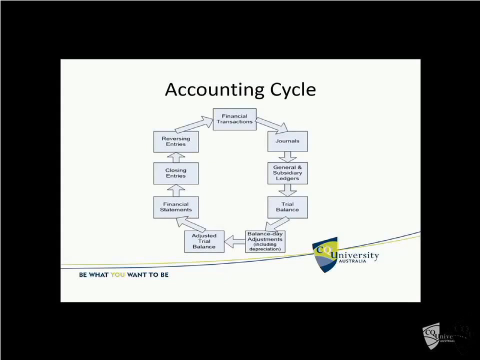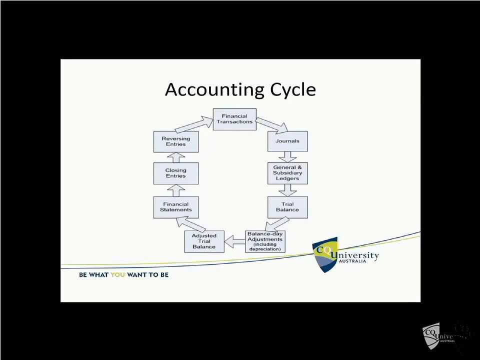So from the adjusted trial balance, we do the financial statements. We know there are 4 financial statements that are required: the balance sheet, the income statement, the statement of change in equity, and the cash flow statement. We'll be spending a week on the cash flow statement later in the term, I think week 11. So you've got the financial statements, you prepared them, then you do the closing entries.